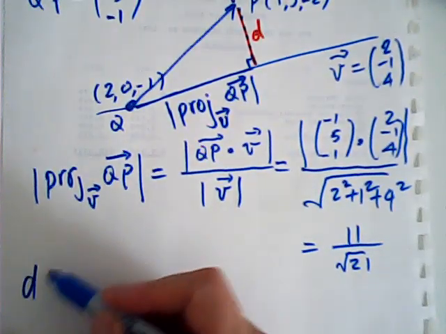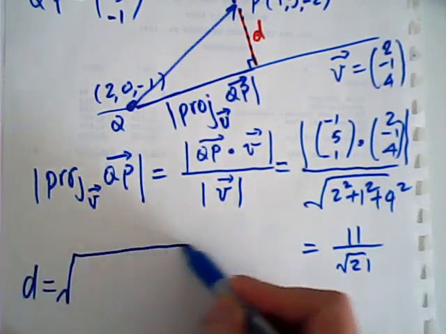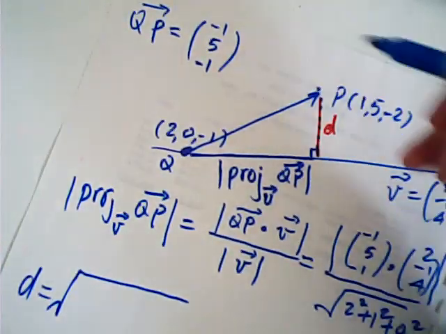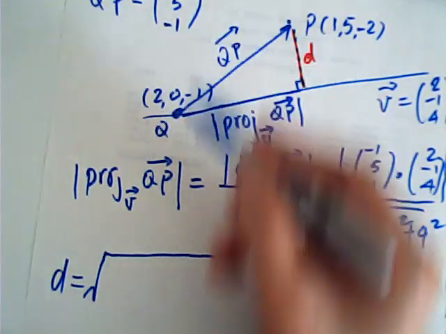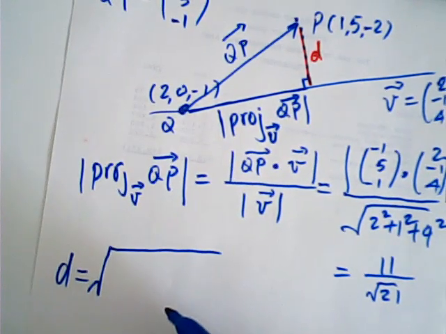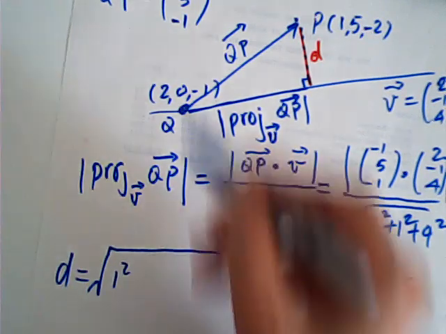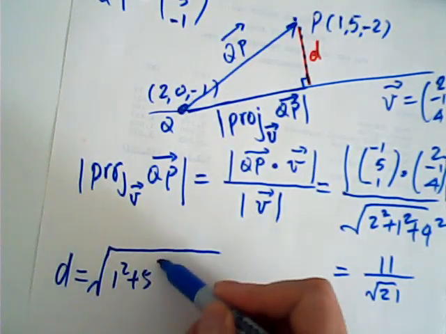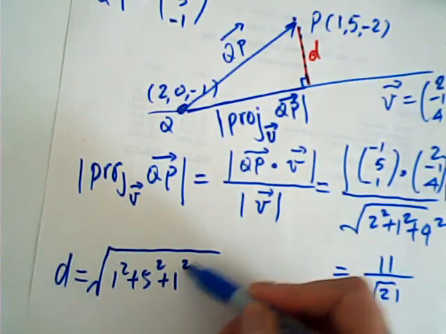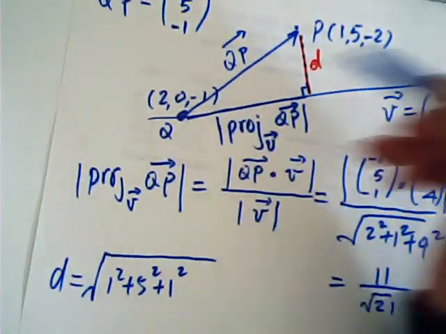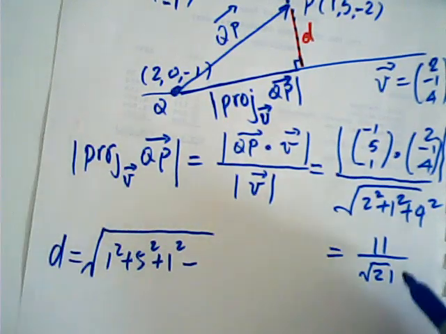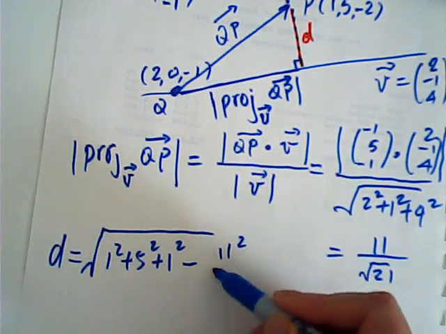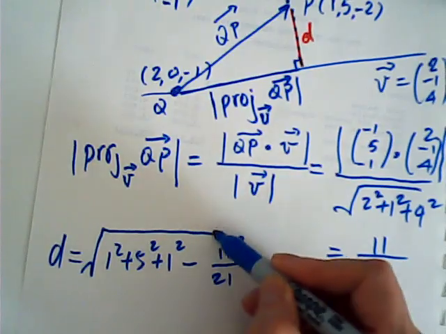So D is equal to the square root of the length of QP squared, which is 1 square plus 5 square plus 1 square, that is the hypotenuse squared, minus this squared, 11 square over 21.